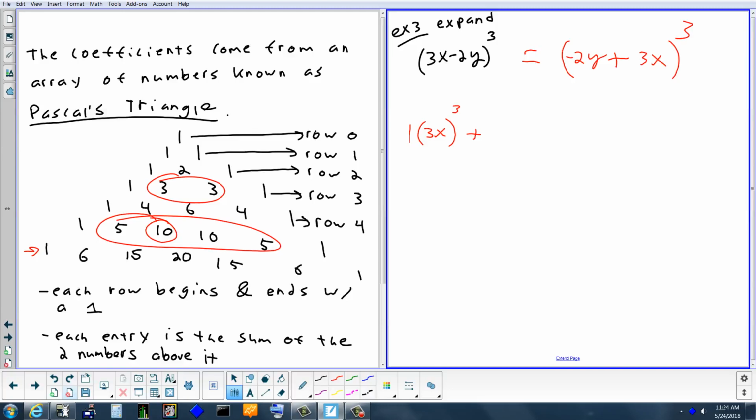From here on out until we get to the last one, then we'll see both. What's my next coefficient? 3. And my next term after the 3? The 3x and the negative 2y. Not third, we already did third. Second. So 3x to the second, negative 2y to the first. How about my next term? It would be 3.